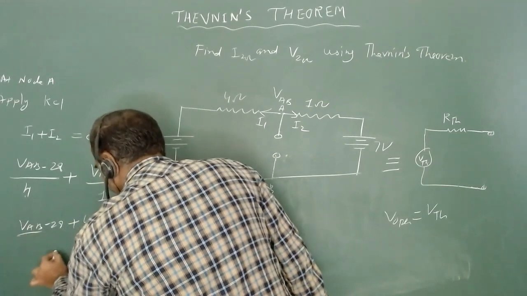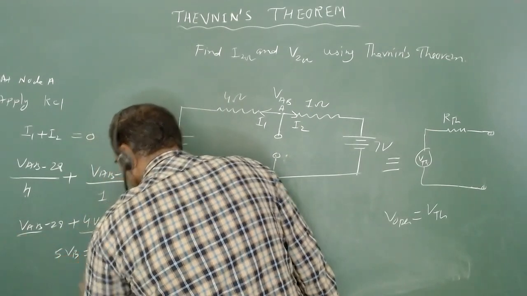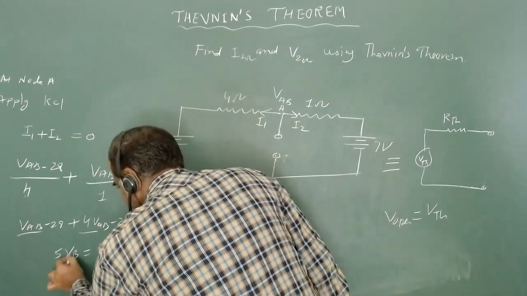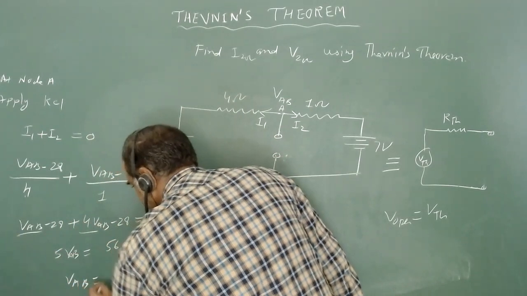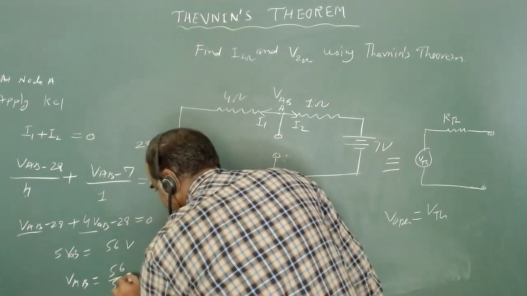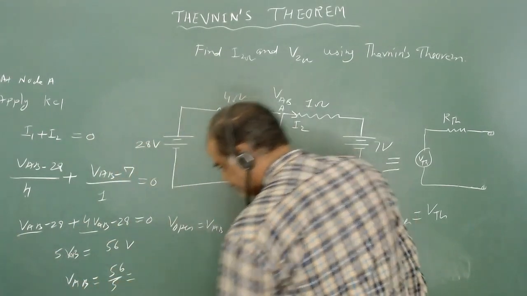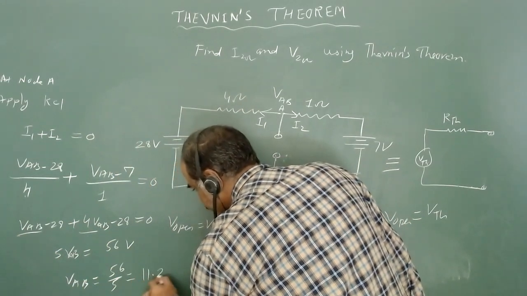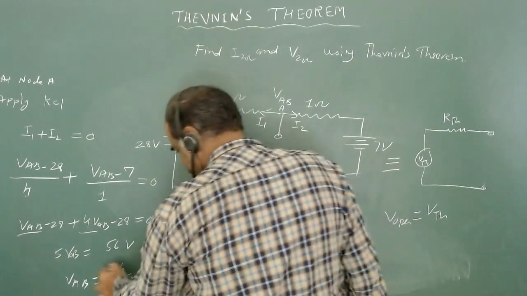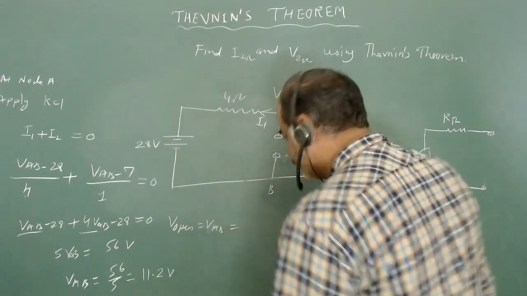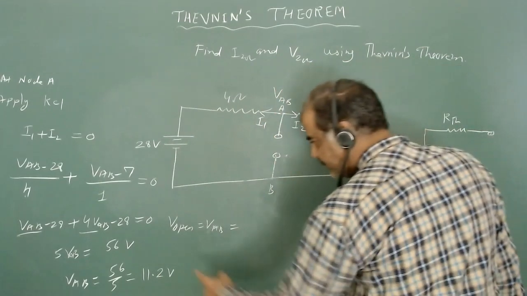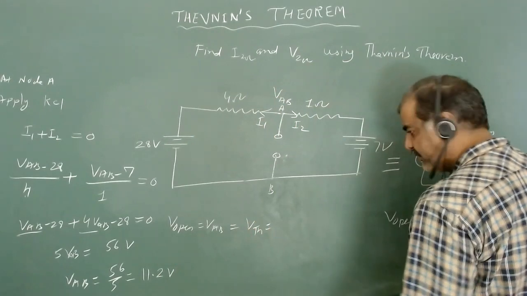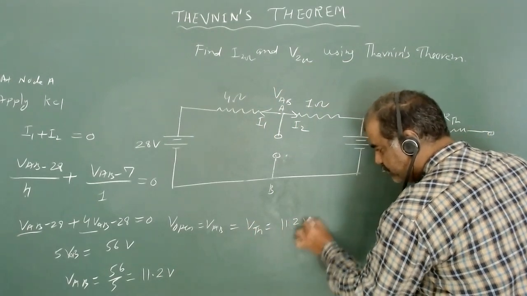So this gives me 5 VAB equal to 56 volts, and the VAB value will be 56 upon 5, which gives me 11.2 volts. So now this V open, or VAB, is equal to my V Thevenin. The V Thevenin value is 11.2 volts.